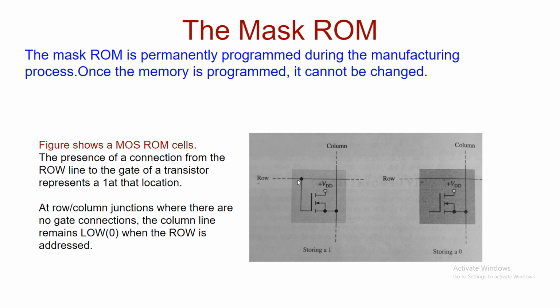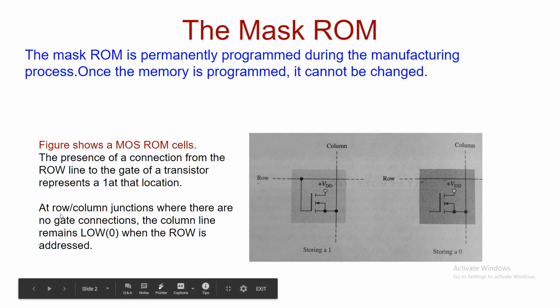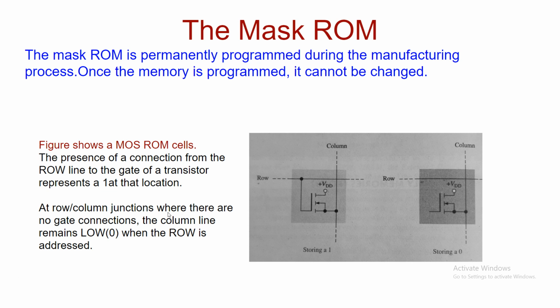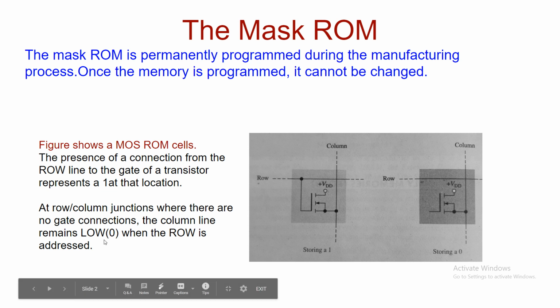In this diagram, the gate of the MOS transistor is connected to the row line. That is, the presence of a connection from the row line to the gate of a transistor represents a 1 at that location. In the second diagram, there is no connection from the row line to the gate of the transistor. At row and column junctions where there are no gate connections, the column line remains low, or 0, when the row is addressed.